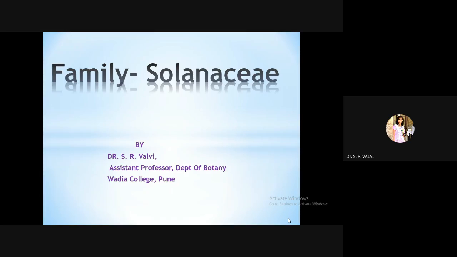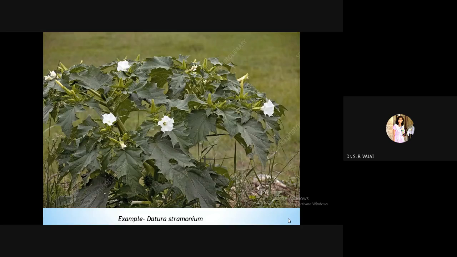So here we have the material, this is the example, Datura stramonium. In the local language it is called dhotra flower. This is a very small perennial herb, and you have to study this plant under the family Solanaceae.